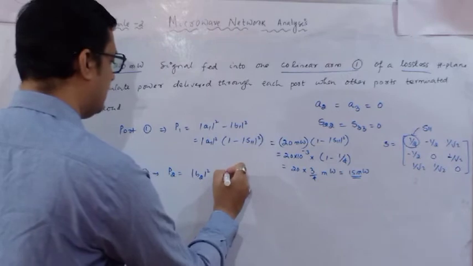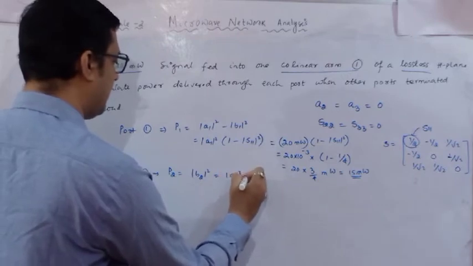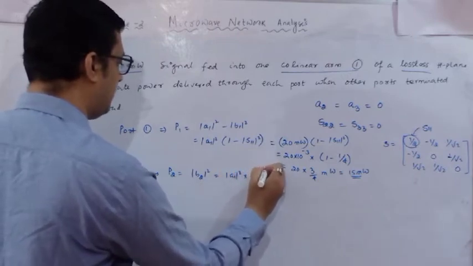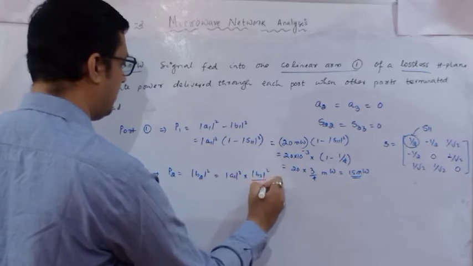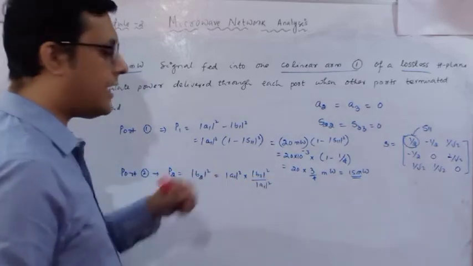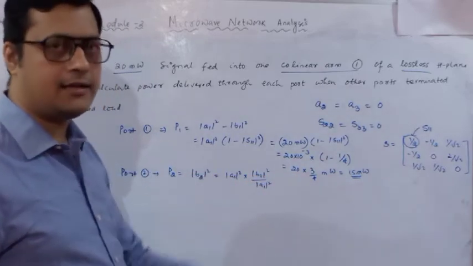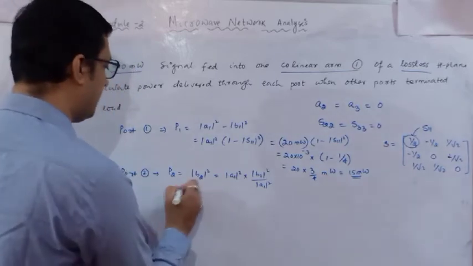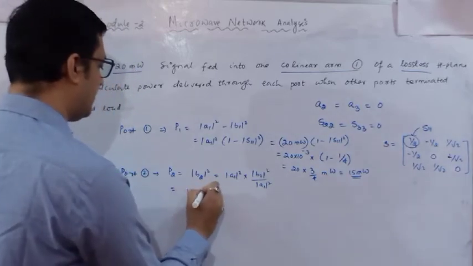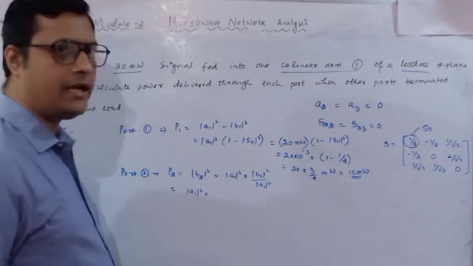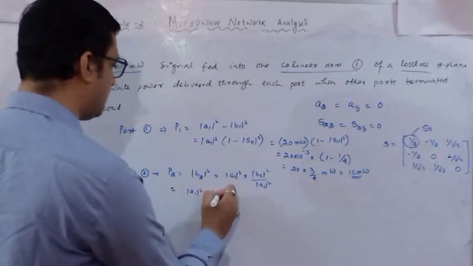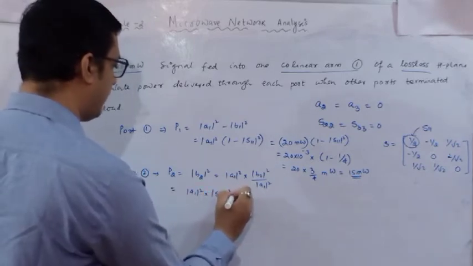So what I will do is write B2 square divided by mod A1 square, so that the power relation can be identified. So it is mod A1 square, and B2 by A1 is S21. So it is S21 square.